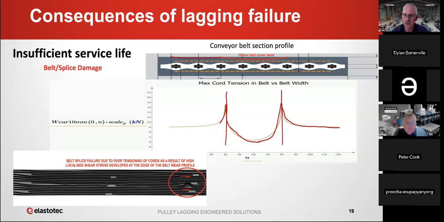So this issue with the belt cover wear basically causes a problem with the lagging, and then as both the cover and the lagging wear, the situation gets worse and it damages the belt splices.